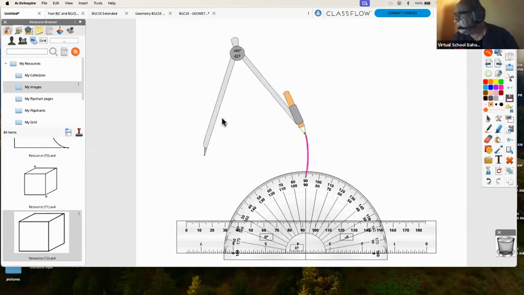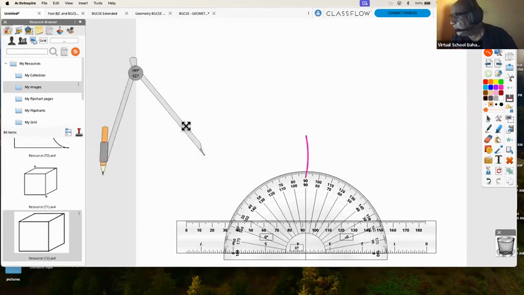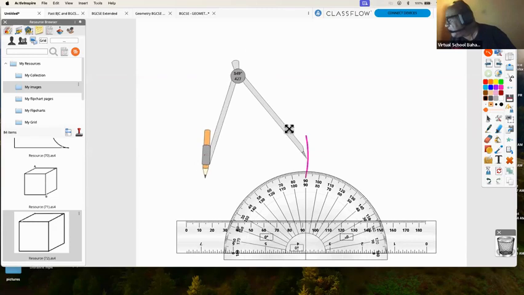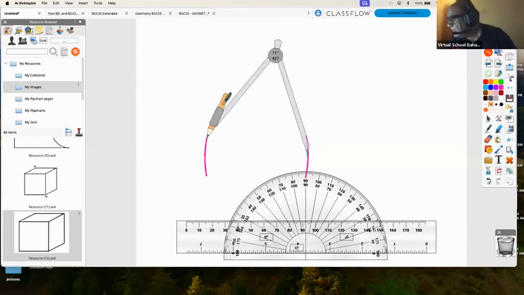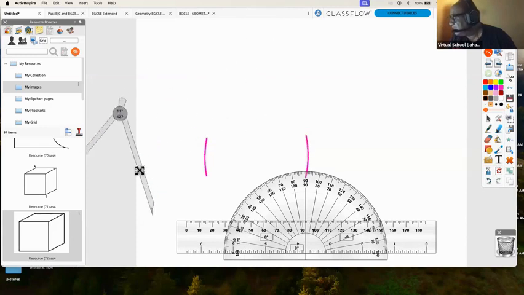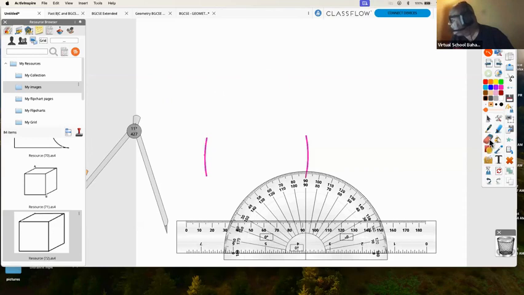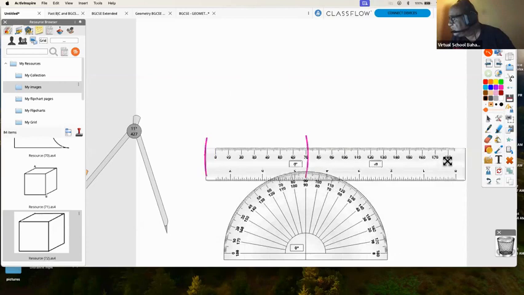Make a mark there. But you can go directly with your ruler. Then you put your point there. So between those two points would be your 8 centimeters.